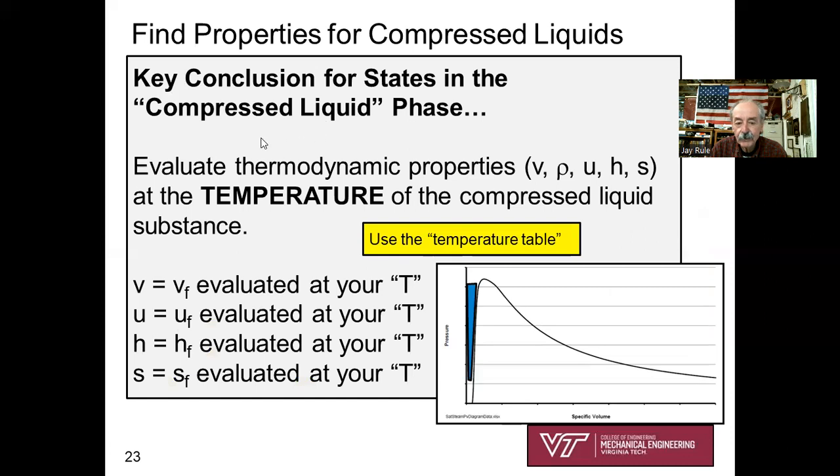Key conclusion for compressed liquid substances: in the blue, to the left of the dome, use your temperature table to look up V as V sub F at temperature. U is U sub F at your temperature. H sub F at your temperature, or S is S sub F at your temperature.